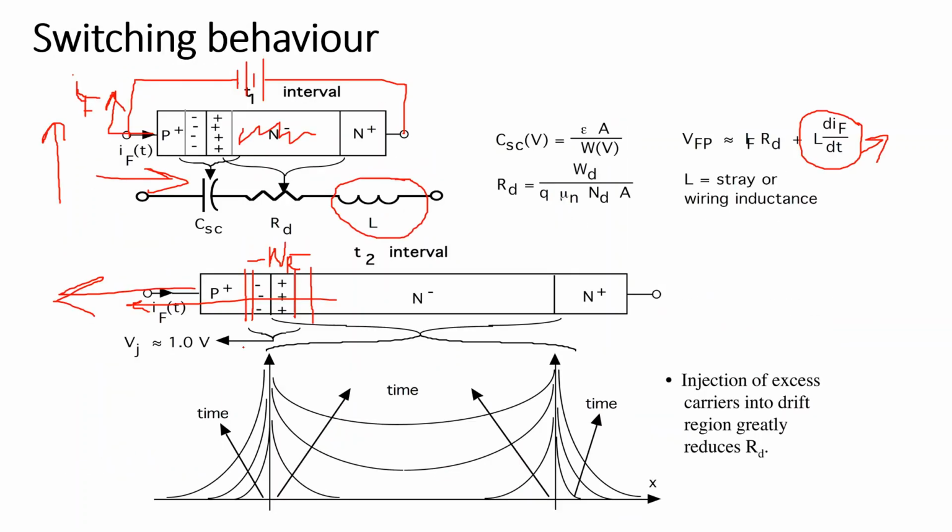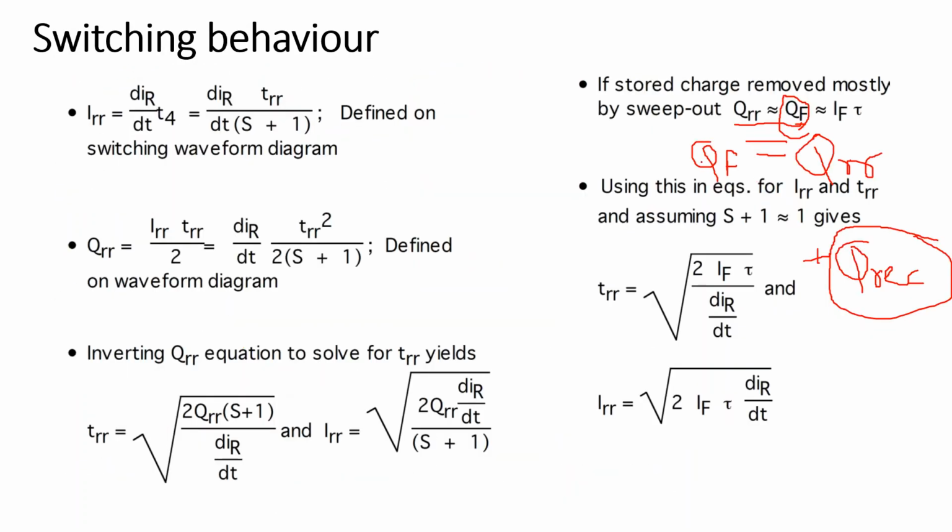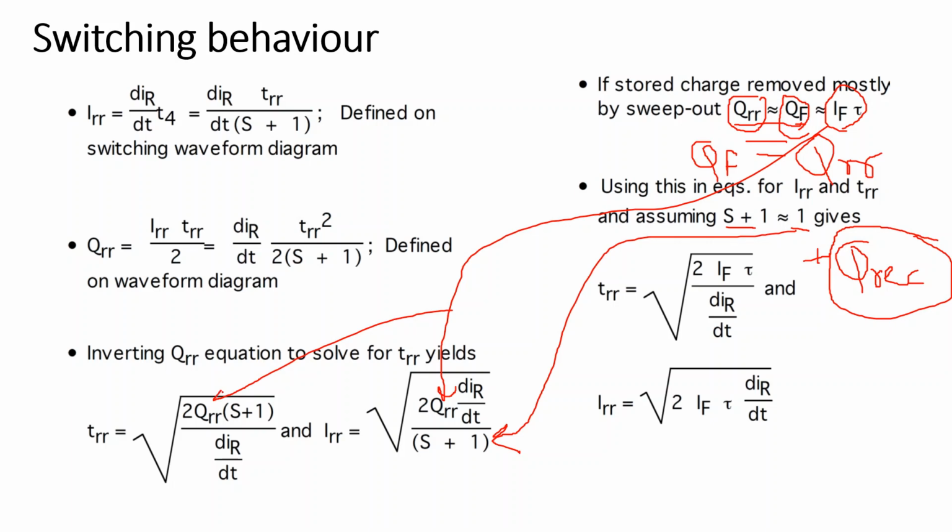So QRR equals IF times tau. Also, the value of S is very low, so S plus 1 is almost equal to 1, and you put these values here and you get these expressions.